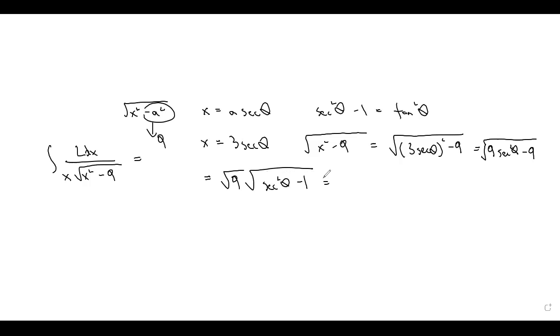Okay, so the square root of 9 is 3. And then you'll notice that now we can use this right here, this identity: secant squared minus 1 equals tan squared theta. So let's put that in there. At this point, you still got the square root though. So the square root of tan squared theta.